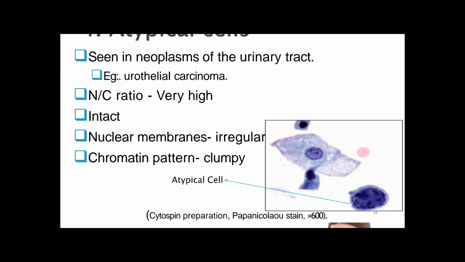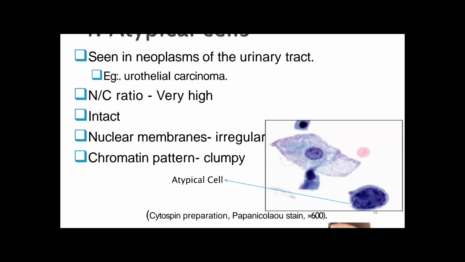In immature stages, nuclear chromatins are loosened, so loosely packed. That's why it's larger and active. But in atypical cells, due to the carcinoma, the cell fails to mature. So we can see immature cells, and the NC ratio is higher.